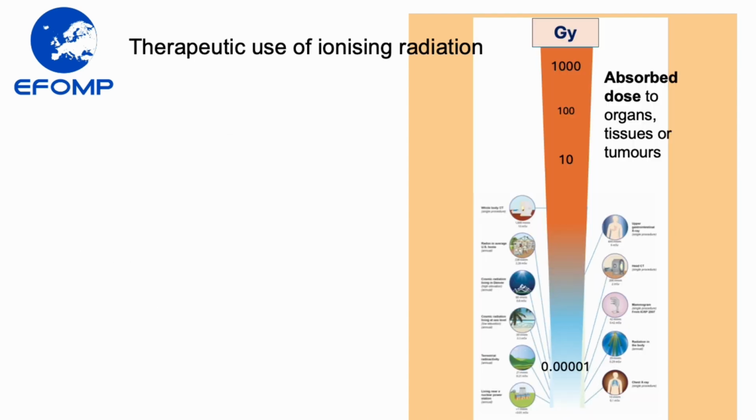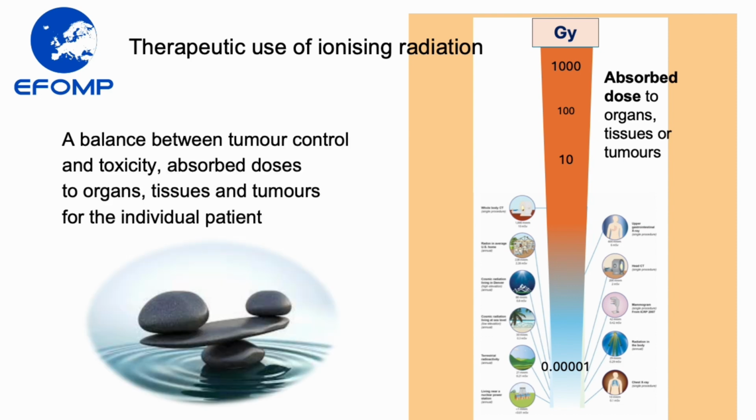If we then go on to therapy, it is instead the absorbed dose to organs, tissues, or tumors which is the relevant quantity. And the reason for that is that the absorbed doses are so much higher. It's a considerable span of absorbed doses.